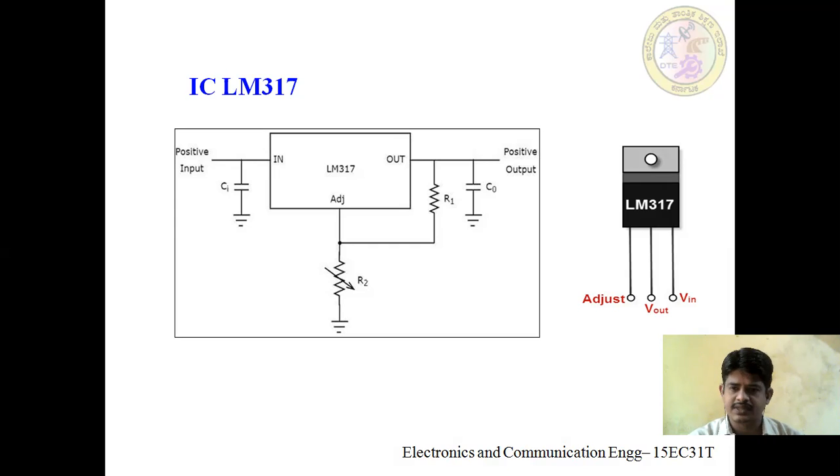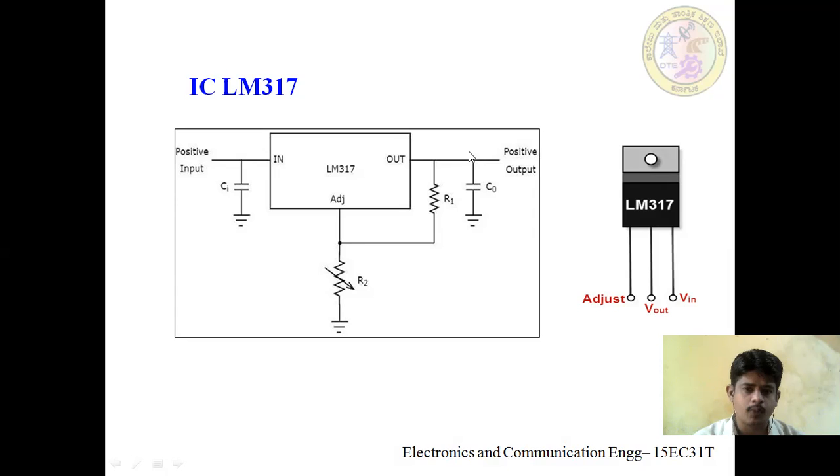Adjustable means compulsorily we need to have an adjust pin where we can change the required output voltage. Let's go through its diagram. Here it has a positive input. Input will be supplied to the input pin, and it will have the regulation part internally, and from the output pin you will get the output.